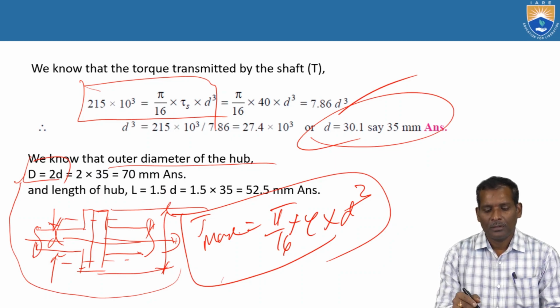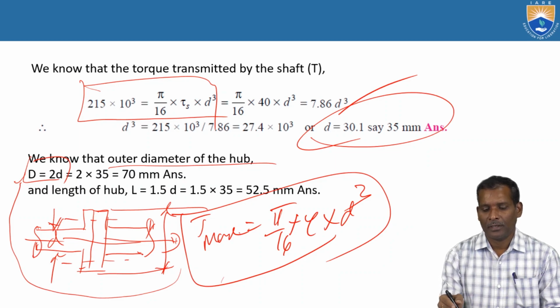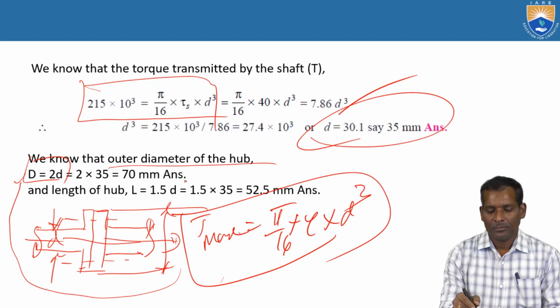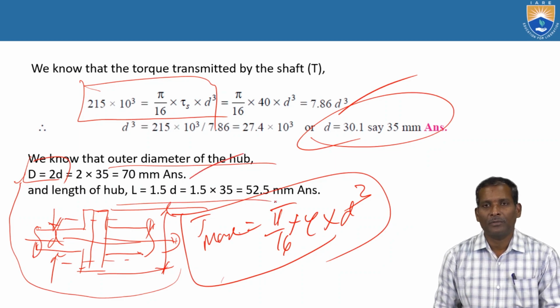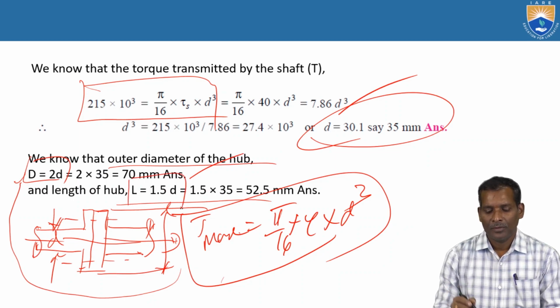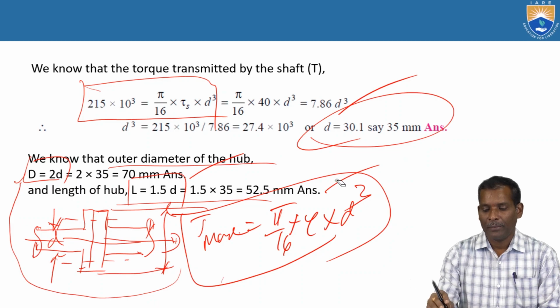Now substitute the diameter of the shaft, and 70 mm is obtained. The length of the hub is 1.5 times d, and the obtained value is 52.5 mm.